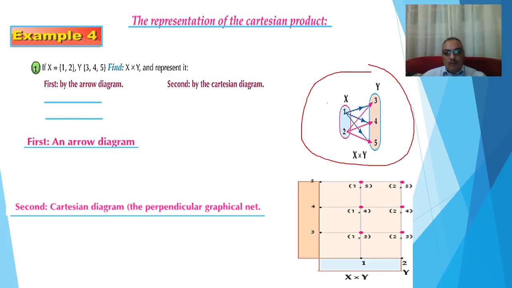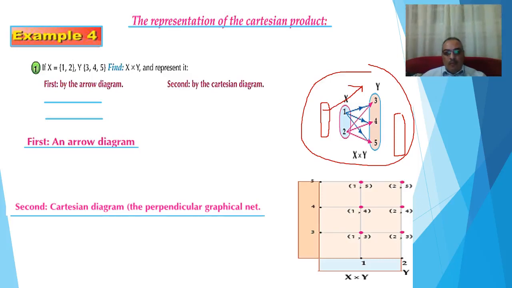Here, the first column is X and the second column the elements of Y, and joining X to Y with arrows: 1 with 3, 1 with 4, 1 with 5, 2 with 3, 2 with 4, 2 with 5.